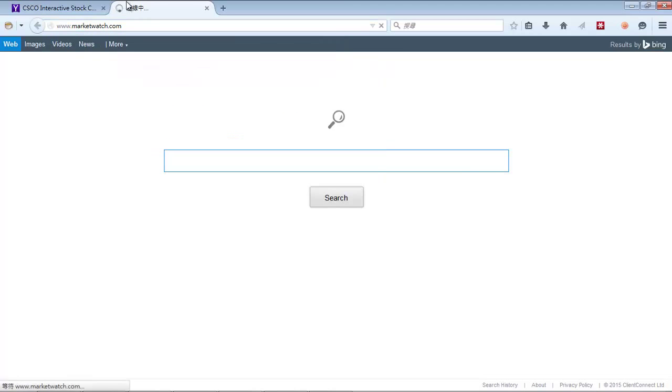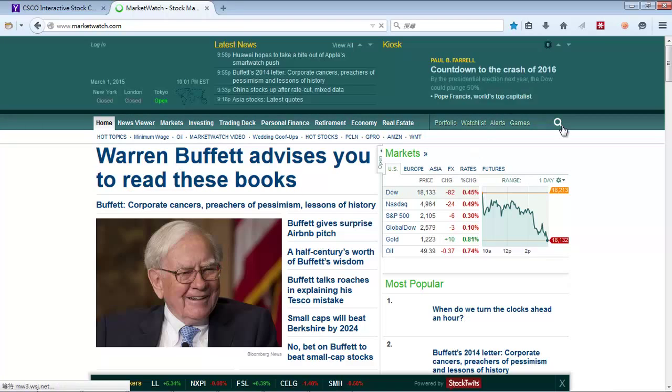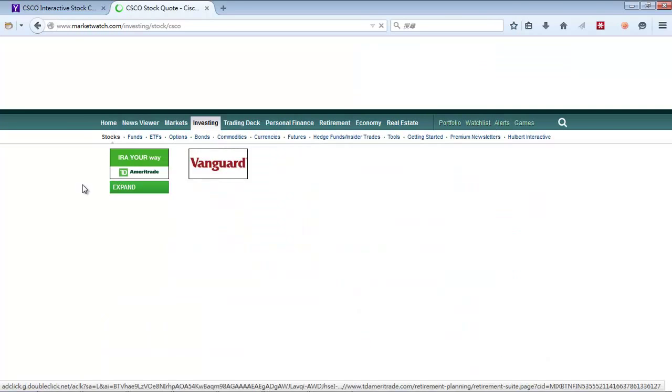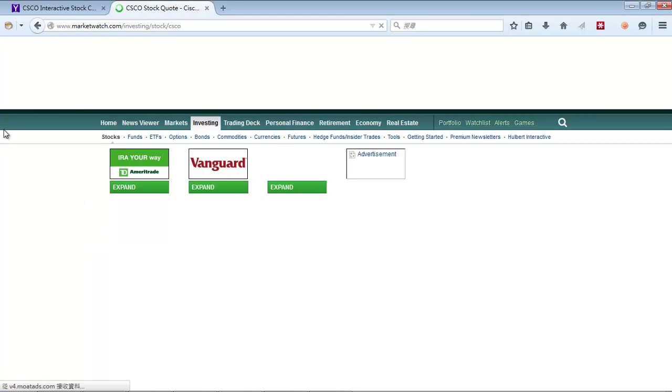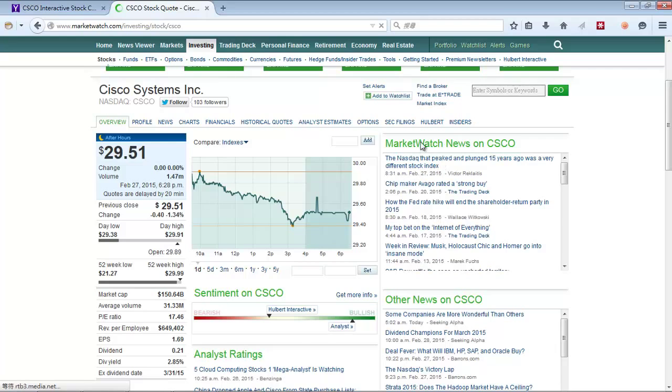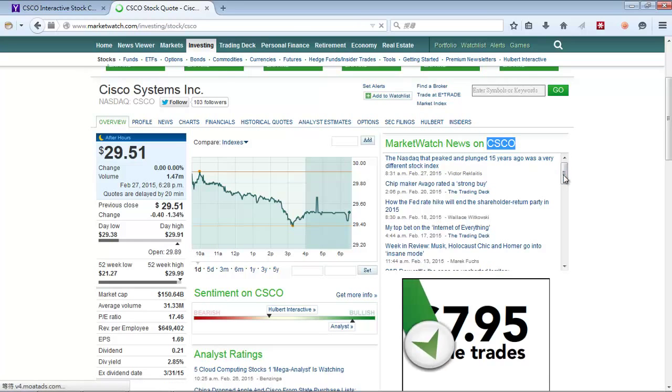MarketWatch is more or less an aggregate of all of the other news sources, and it separates the news for a certain stock into categories. So you just go to MarketWatch, go to whatever stock ticker you want. It should come up, and you'll see the news sources on the right here. MarketWatch news on, so this is all directly related to Cisco.